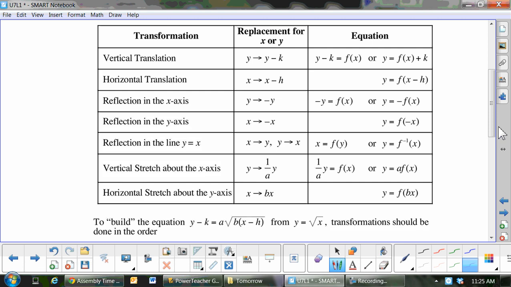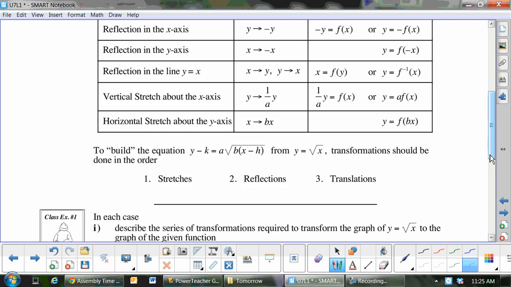So, look this stuff over. You got your reflections, vertical stretches, horizontal stretches. What's a reflection in y equals x, right? And if we were to build an equation, it would look like this, right? This doesn't really have a vertical stretch in it. But always remember, let's do them in S, R, and T.